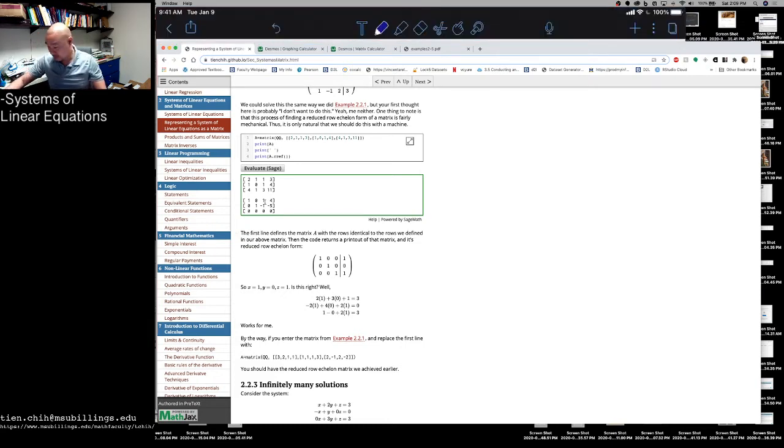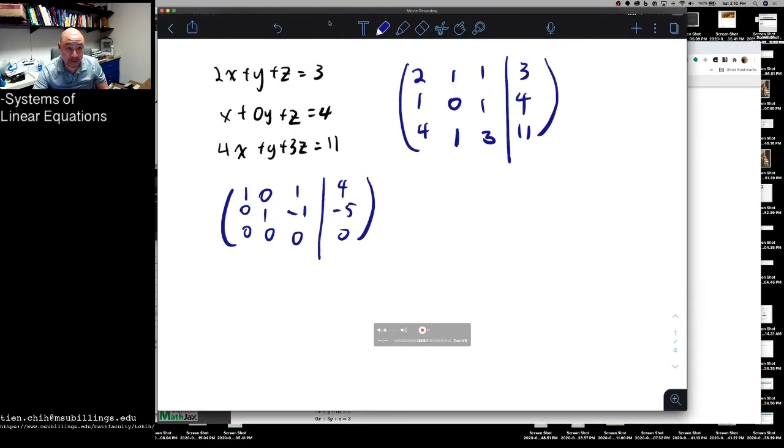And so what I'm going to do here is write down our reduced row echelon matrix: 1, 0, 1, 4, 0, 1, negative 1, negative 5, 0, 0, 0, 0. And let's go back to our whiteboard. So that's our reduced row echelon matrix.